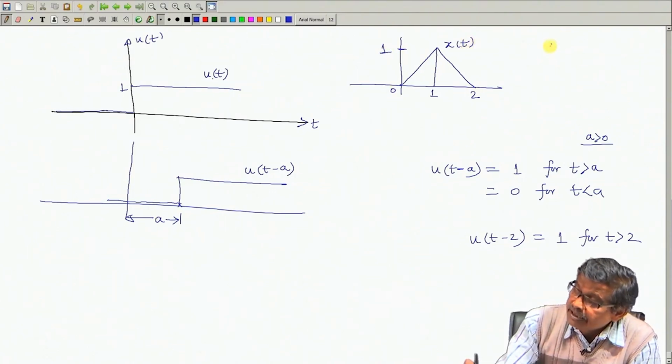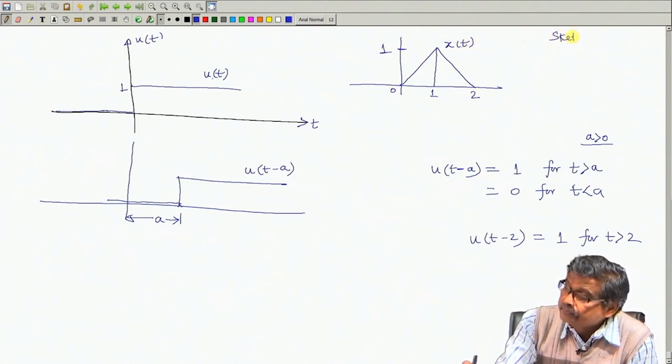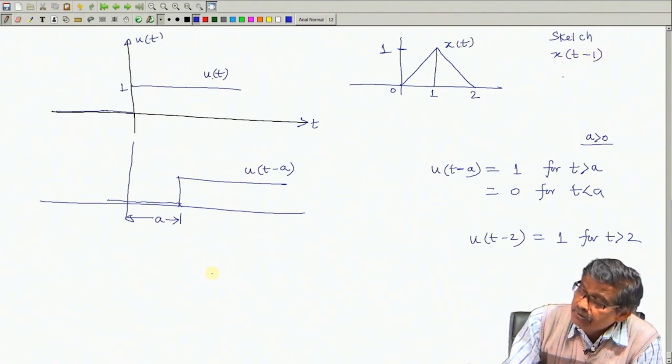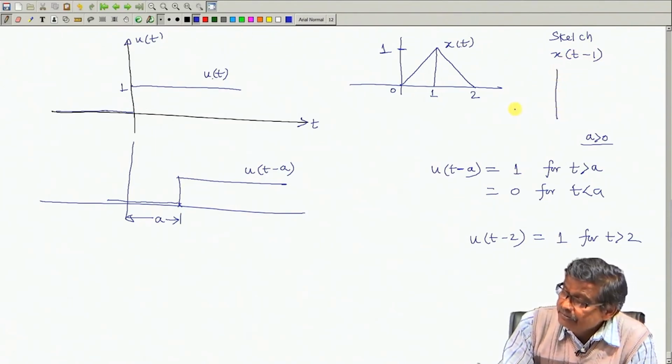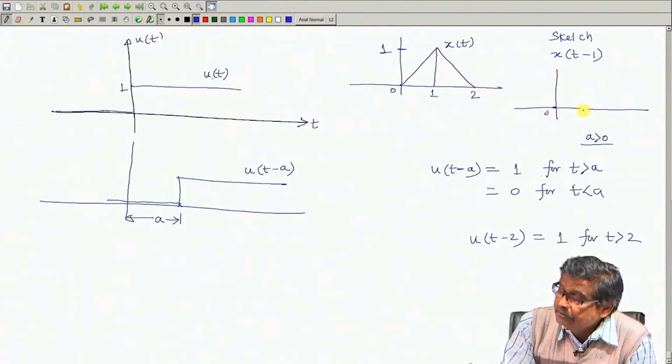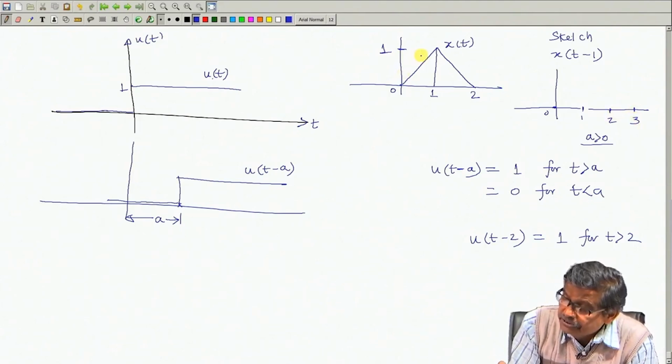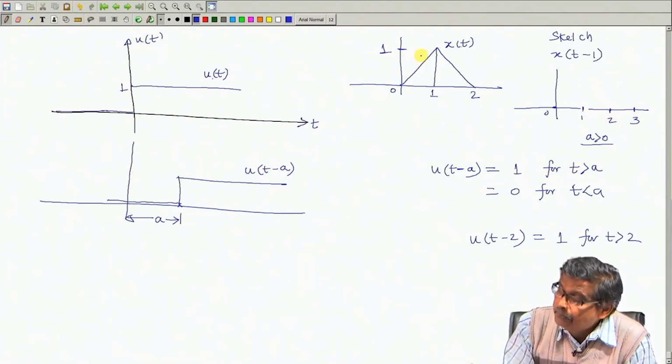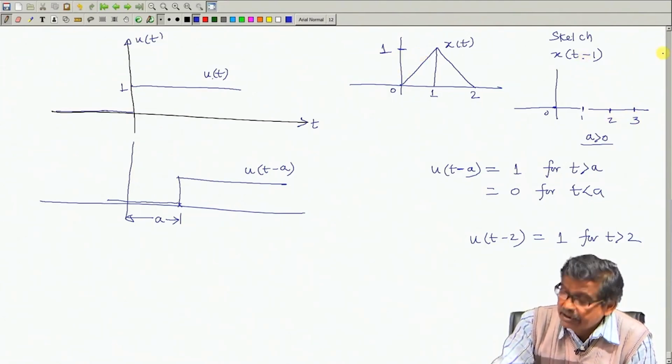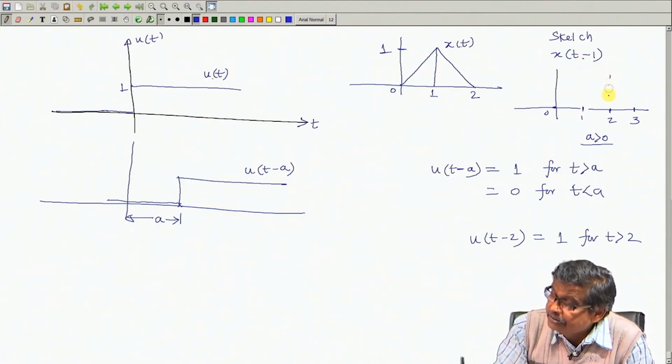If I ask you to sketch x(t minus 1), what should I do? This function, this is 0, this is 1, this is 2, this is 3. This function bodily shifts towards the right by an amount 1. So, this function x(t minus 2) will be just like that.